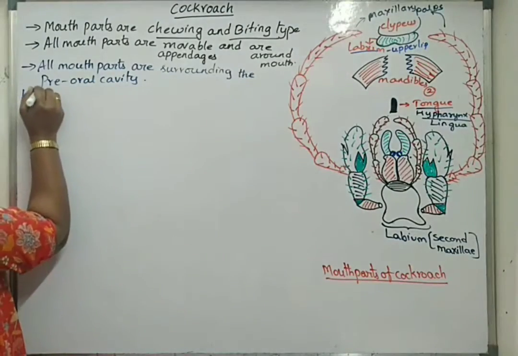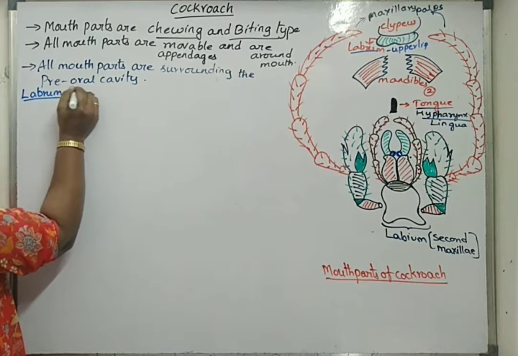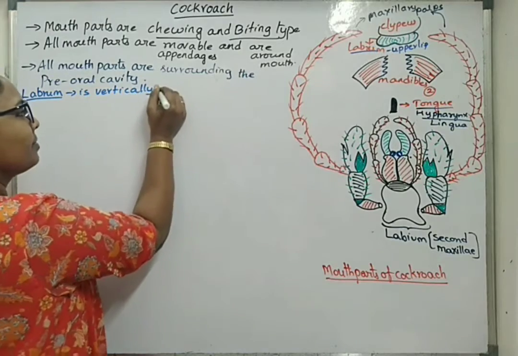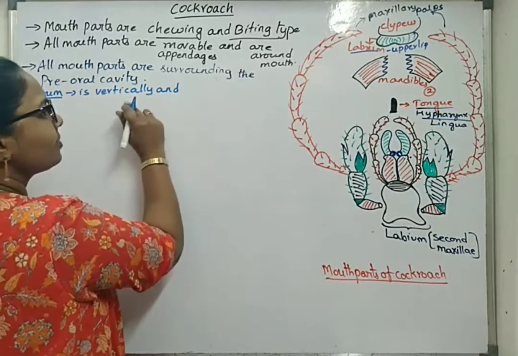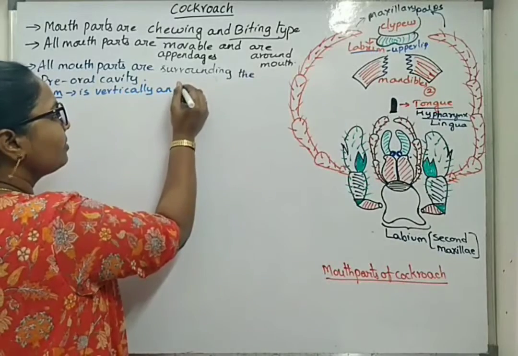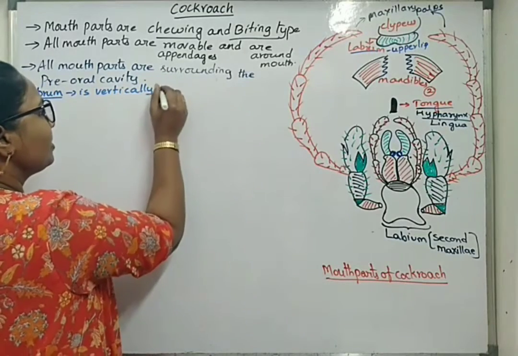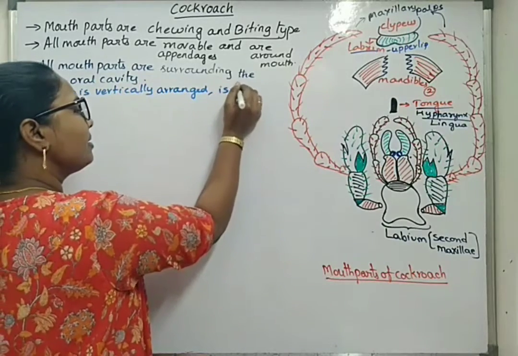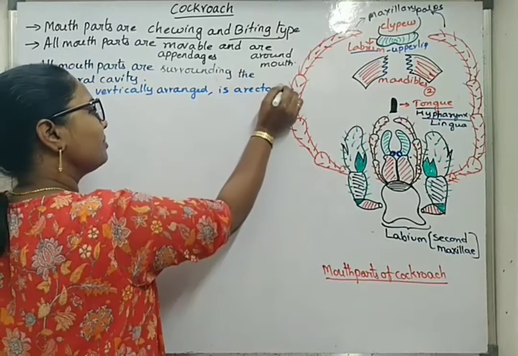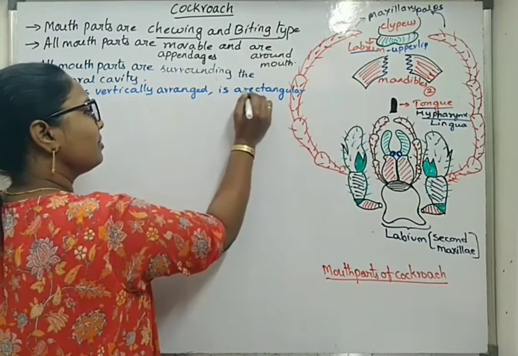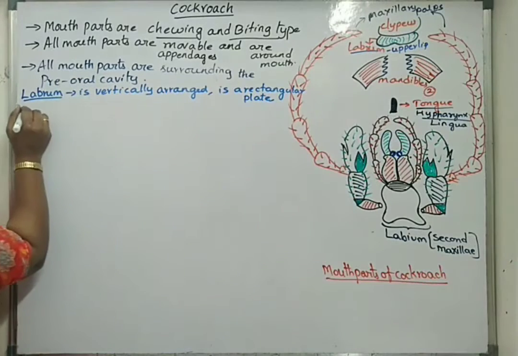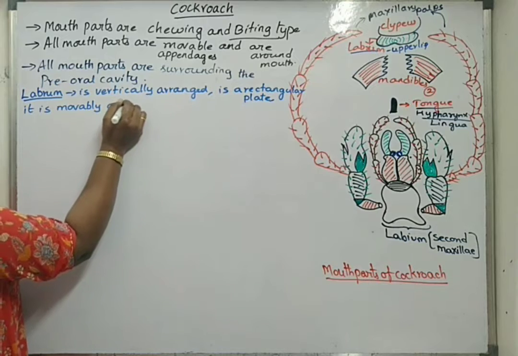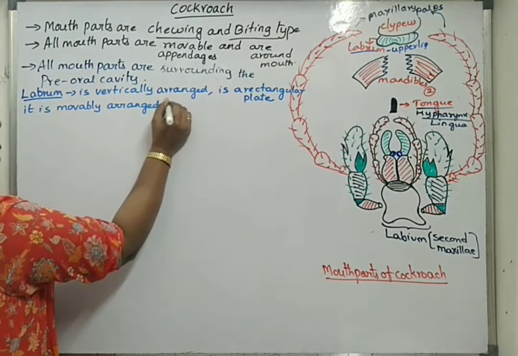So first one, labrum. Labrum is vertically arranged. Labrum is a rectangular plate. It is movably arranged with the clypeus.